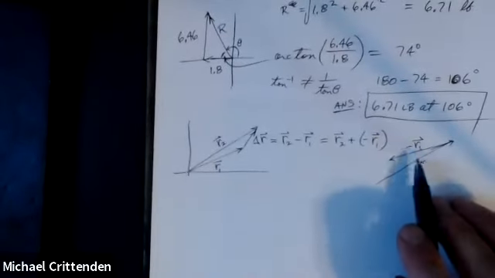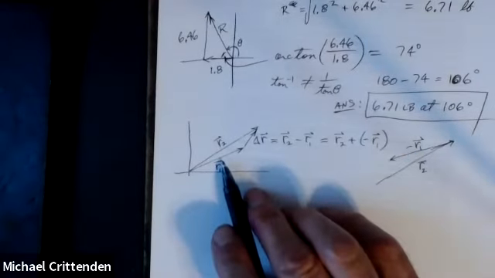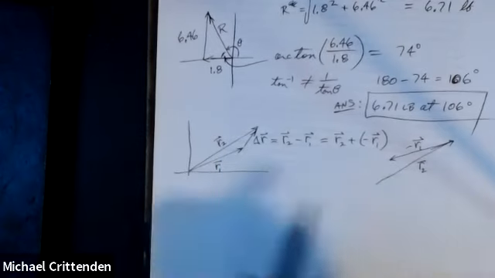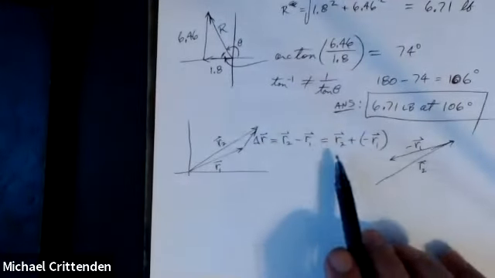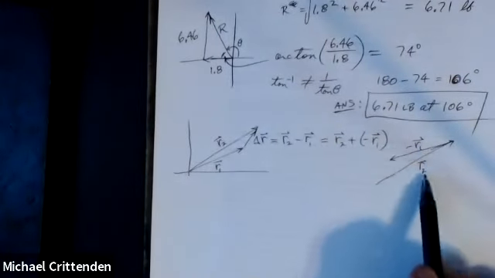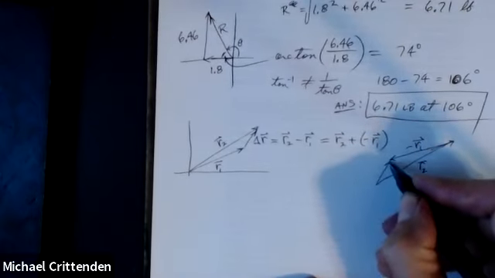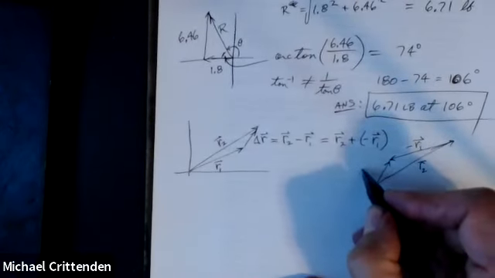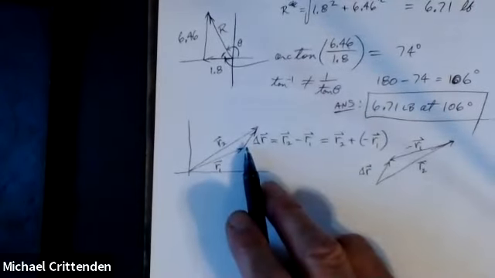Okay, I tried and probably failed to draw that at the exact same angle as I drew it over here, but I stuck the arrowhead on the other end. R1 points that way, negative R1 points the other way. Add head to tail, R2 and negative R1. The resultant goes from the tail of the first vector to the head of the last one, which is the same thing that I drew over here. Okay.